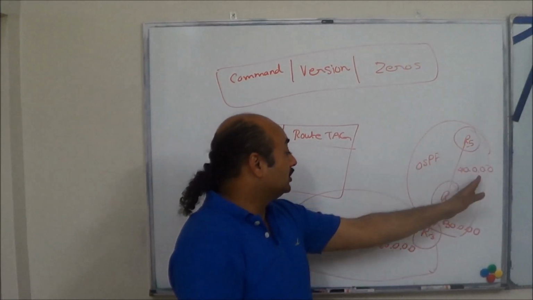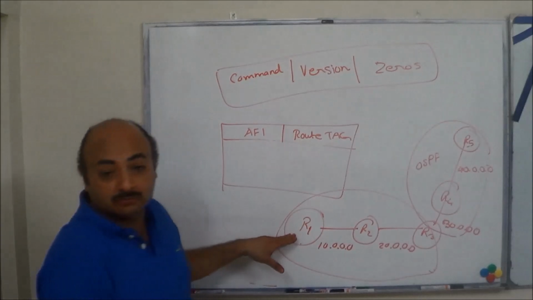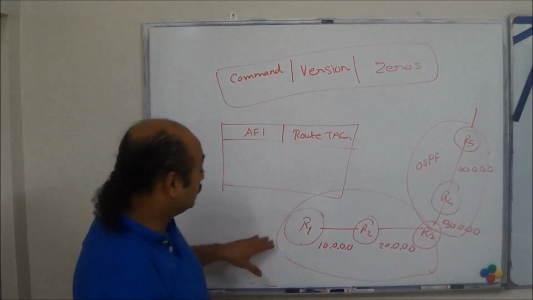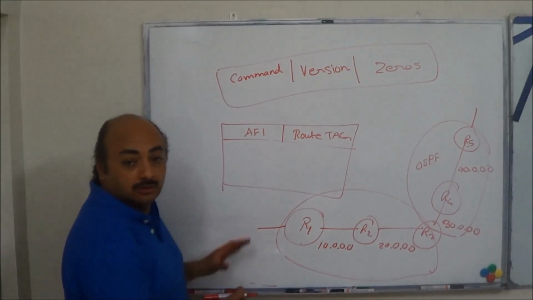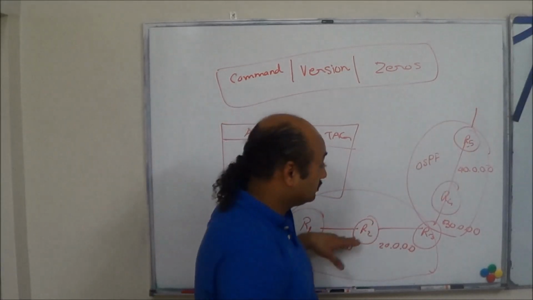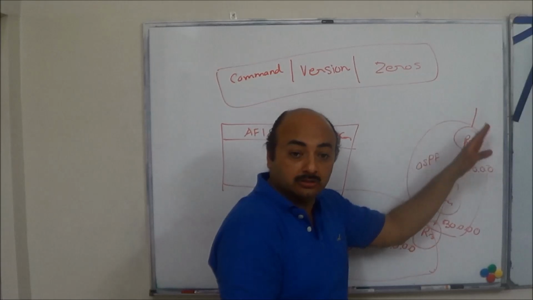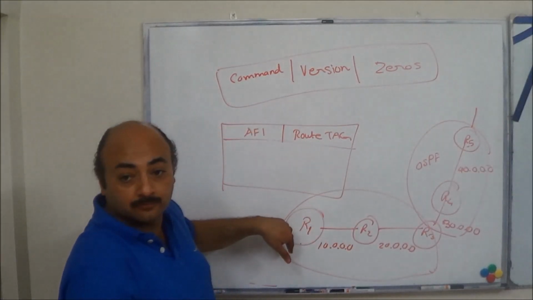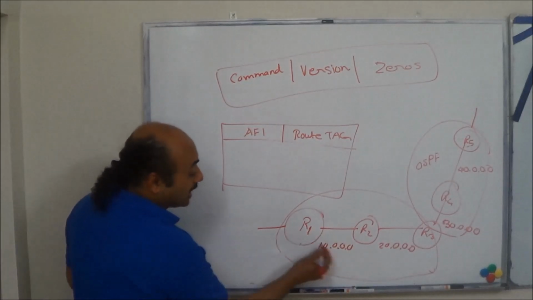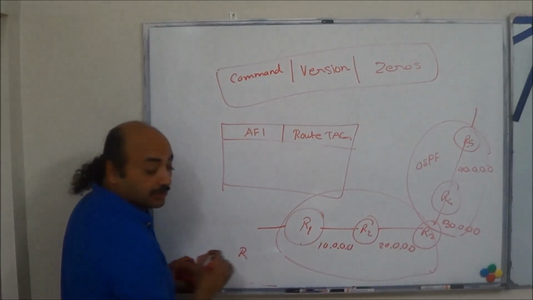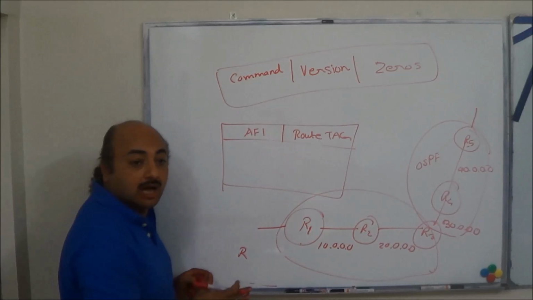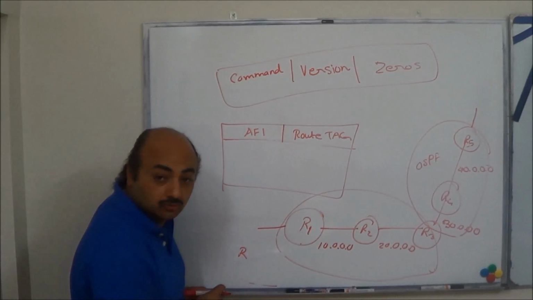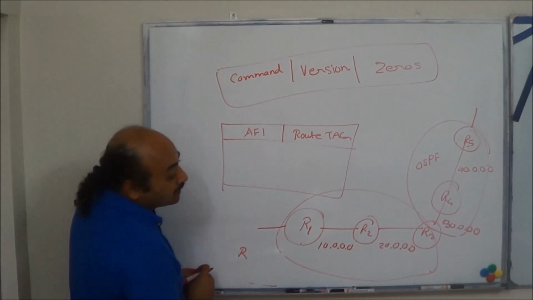Somehow you want the 40 and 30 information to also reach R1, because there will be a PC connected here. And if there is a PC connected here, this PC wants to talk to this one, it should know the route, right? The path how it will go. So we have to redistribute here. Now for these routes on R1, 20 network is what? R, right? Yes, that's how we know. This is R. Yes or no? Yes, sir.